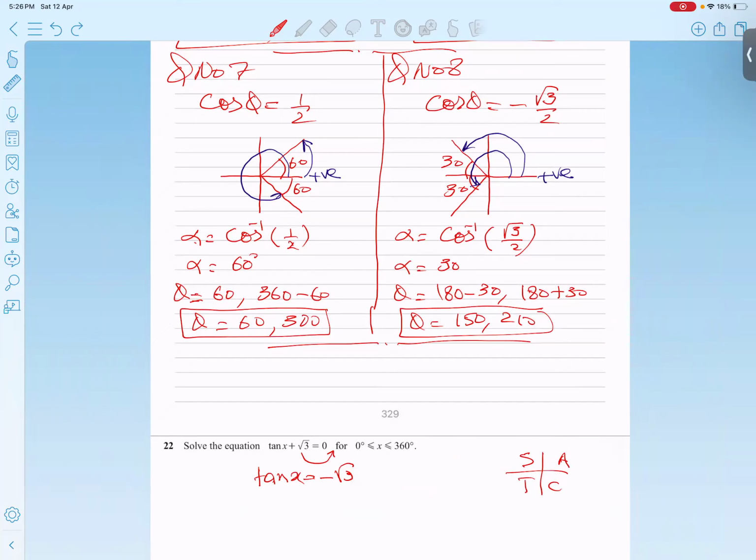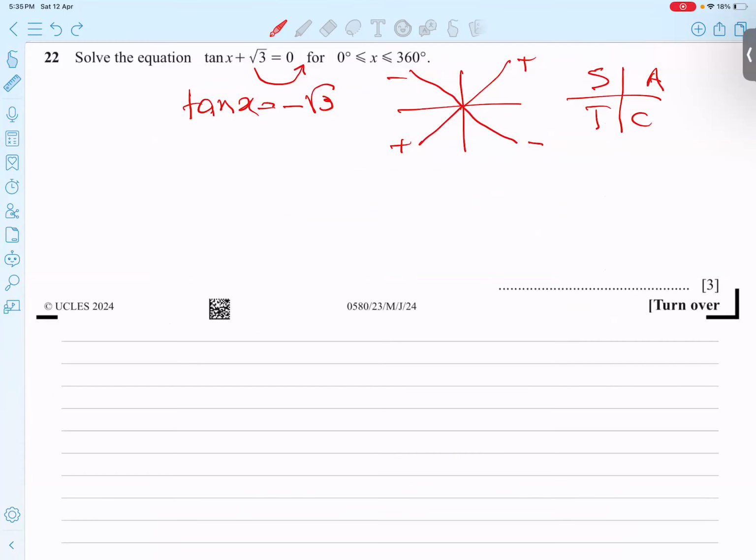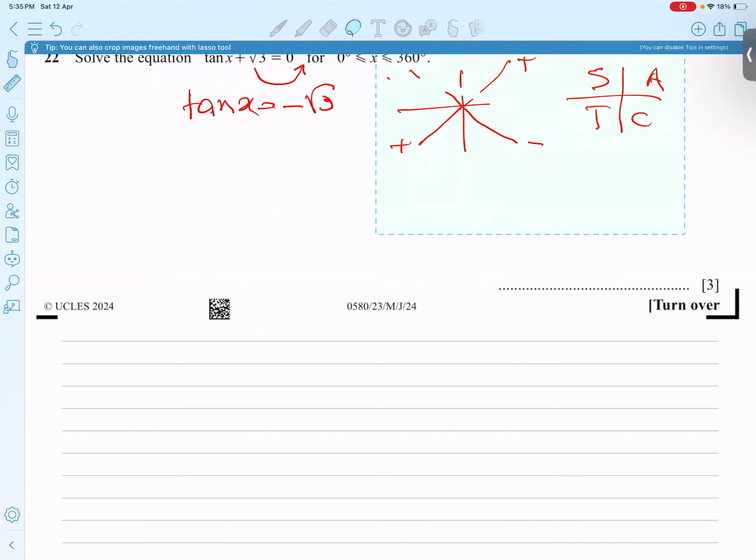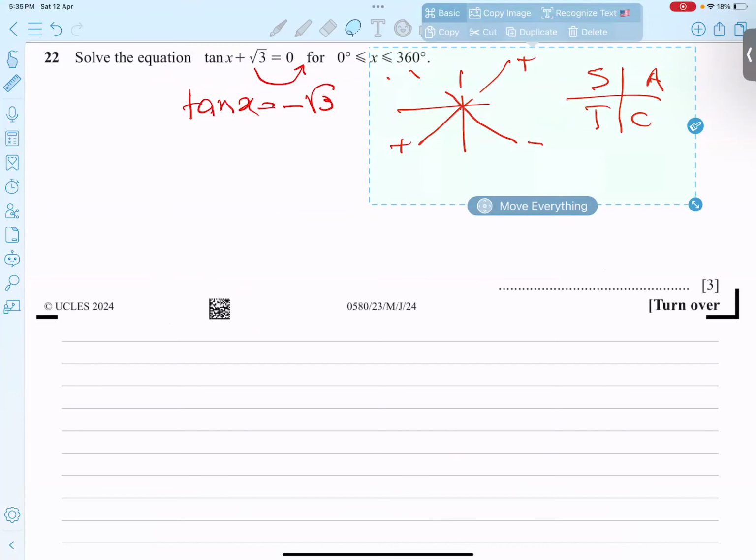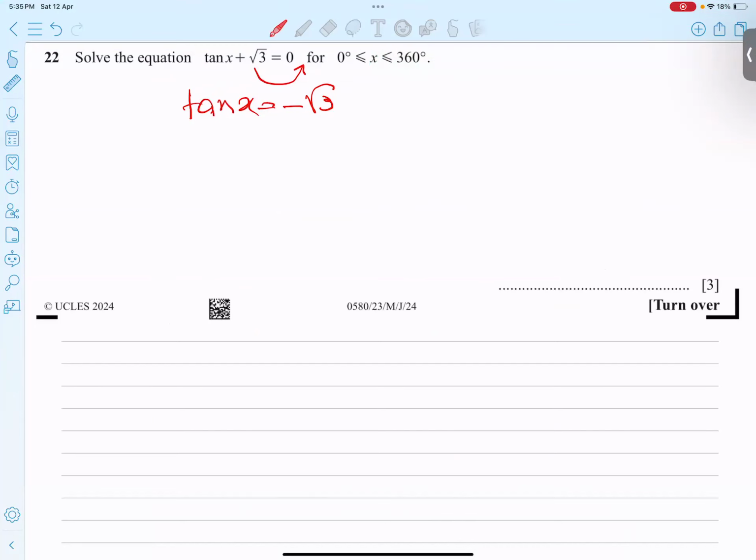Okay, students, what I'm observing is that still some mistakes are being made by some students. First of all, you know this CAST property: C for cos, A for all, S for sine, T for tan.